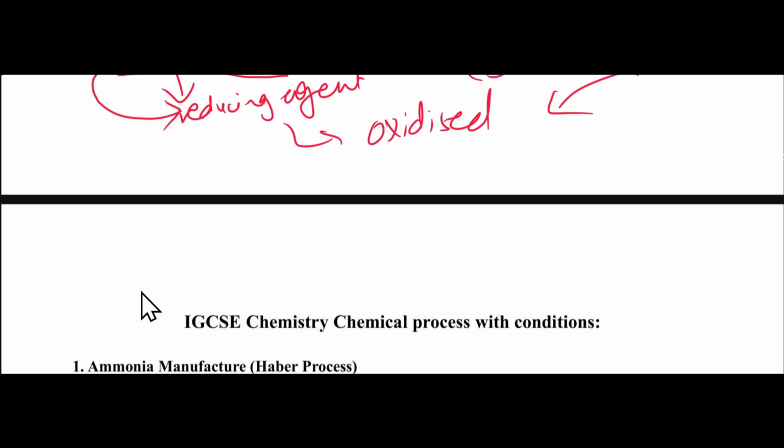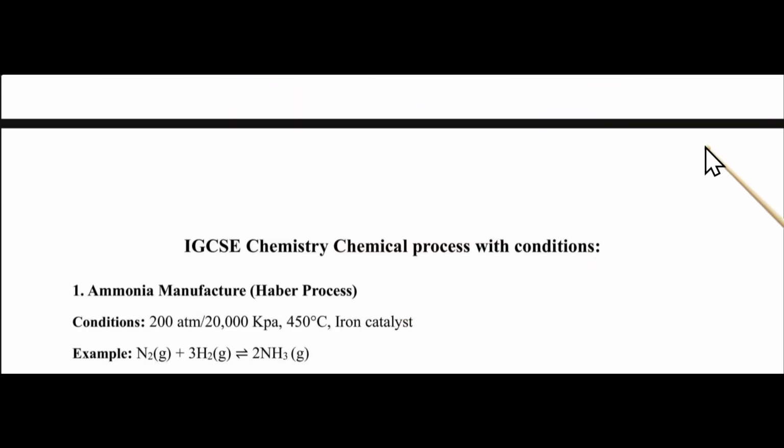I will do chapters 11 to 22 later in the second part, but before ending this PPT, I will give you some important chemical processes from the whole book that have conditions, because there are so many chemical reactions that don't have conditions, but there are 10 to 12 important chemical processes in your book that have conditions, and you have to memorize them, because at least one or two questions will come in your exam related to the conditions, like what is the condition for the Haber process, or what is the condition for the contact process, or some other conditions they can ask you in the exam.